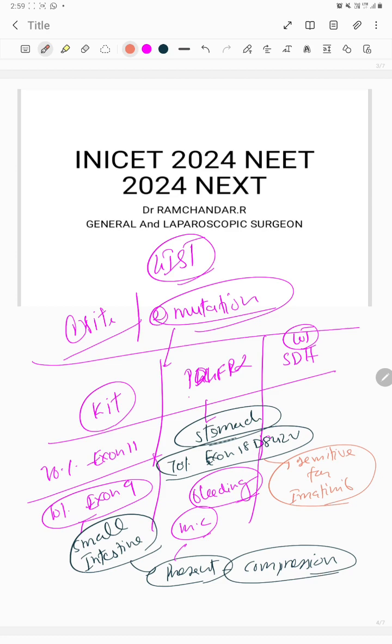So the mutation basically depends on this factor, whether imatinib is sensitive or not. Why is it important? Because in the wild type SDH there is resistance, as the name suggests, wild type, it is resistant to imatinib.